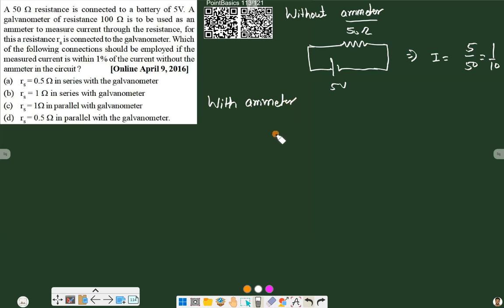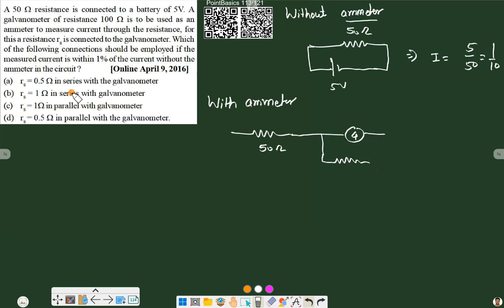Now let's do with the ammeter. With the ammeter, our circuit will look like this. This is our 50 ohm resistance. We have a galvanometer here, and if we have to use the galvanometer as an ammeter, there should be a resistance in parallel. So this Rs is in parallel.